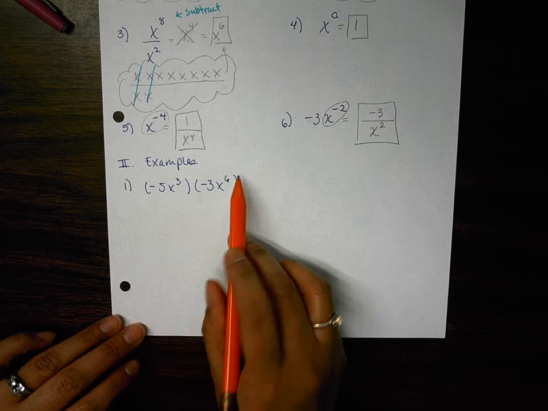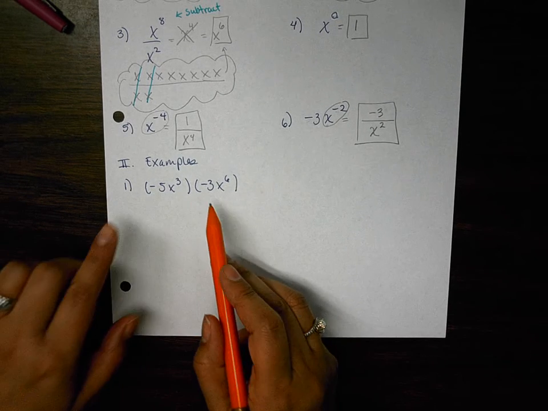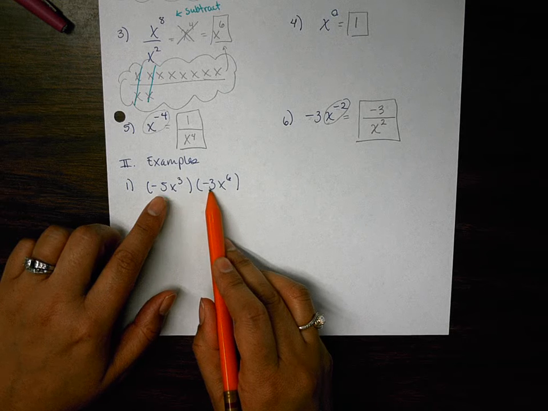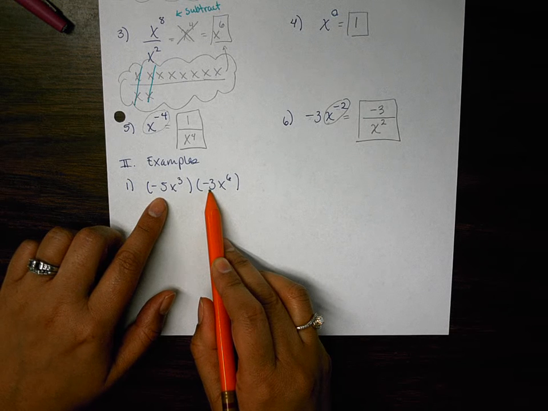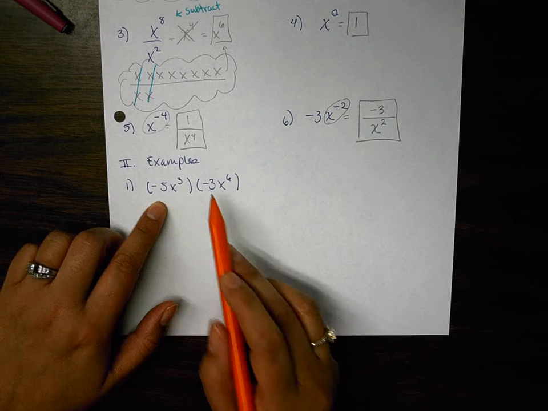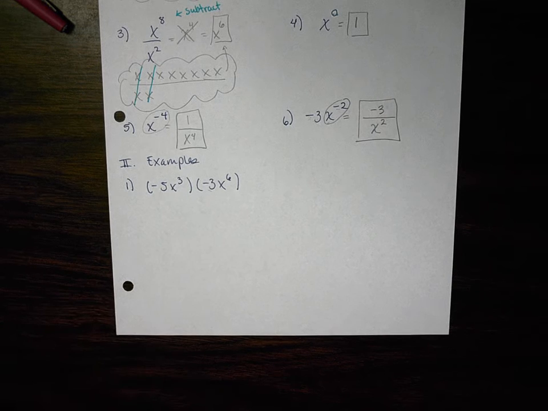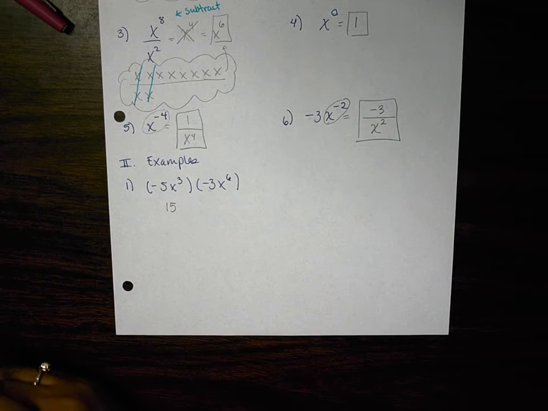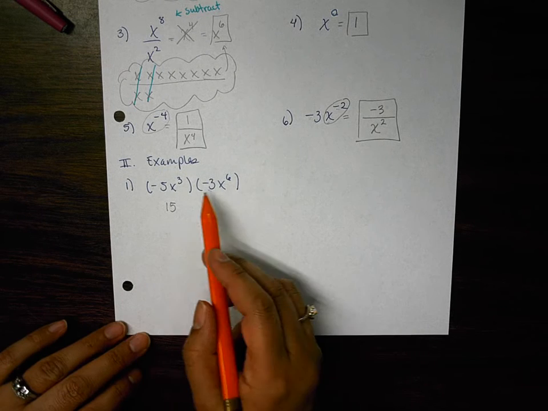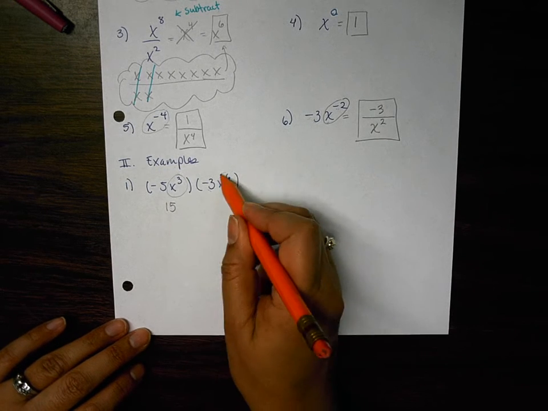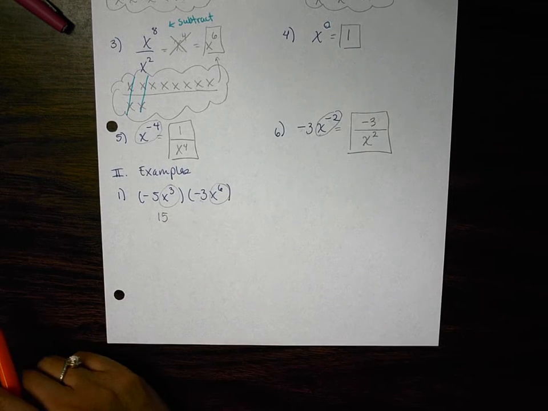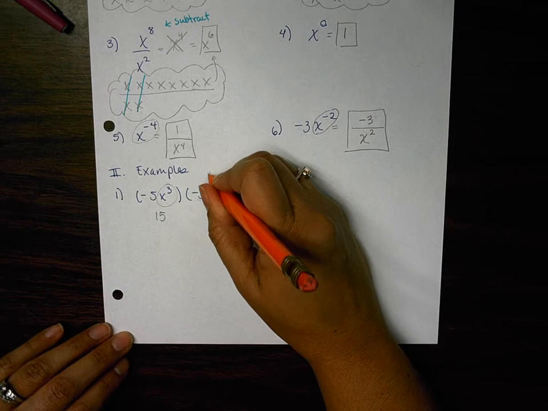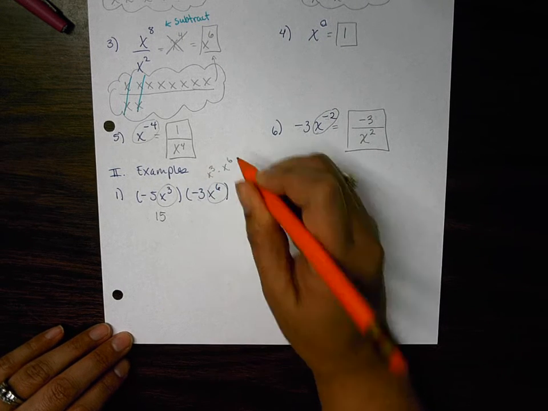No. So we can just drop the parentheses and multiply the coefficients, just like you learned back in elementary school. What's negative 5 times negative 3? Positive 15. Now, this here, if you were to rearrange it, would be x cubed times x to the 6th. Do you agree?